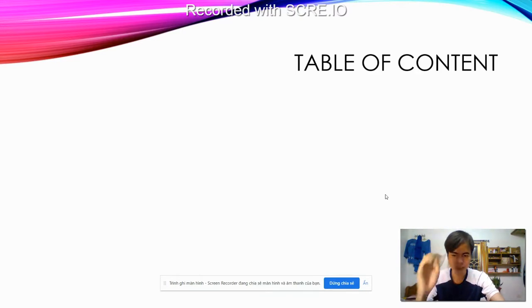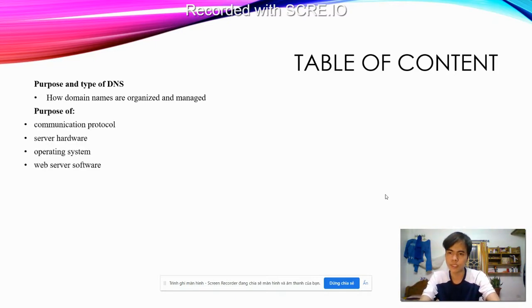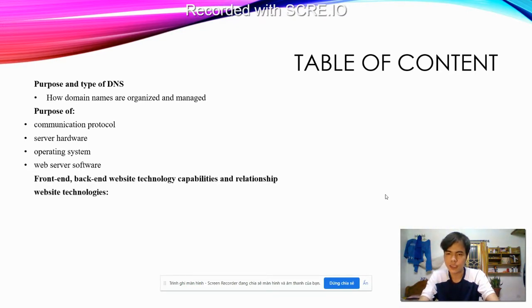The table of contents of this presentation includes the purpose and type of DNS. In this part, I will talk about how domain names are organized and managed. Next, the purpose of some communication protocols, server hardware, operating system, web server software, and the front end, back end technology in website and website publishing and designing.